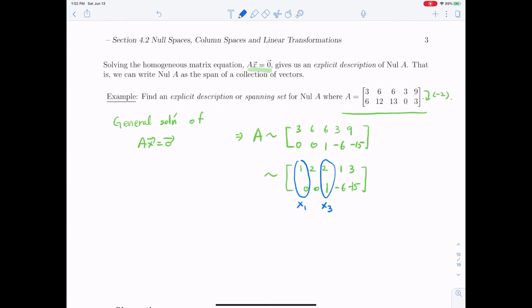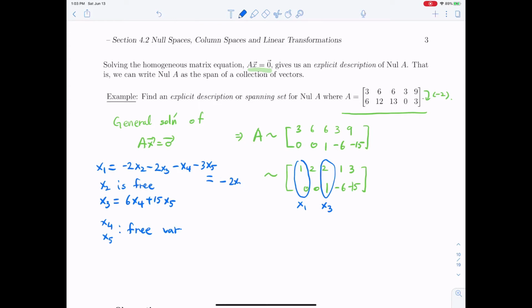So x3 equals 6x4 plus 15x5, where x4 and x5 are free variables, and x2 is free as well. And x1 equals negative 2x2 minus 2x3 minus x4 minus 3x5, which equals negative 2x2 minus 13x4 minus 33x5 when you plug x3 into x1.